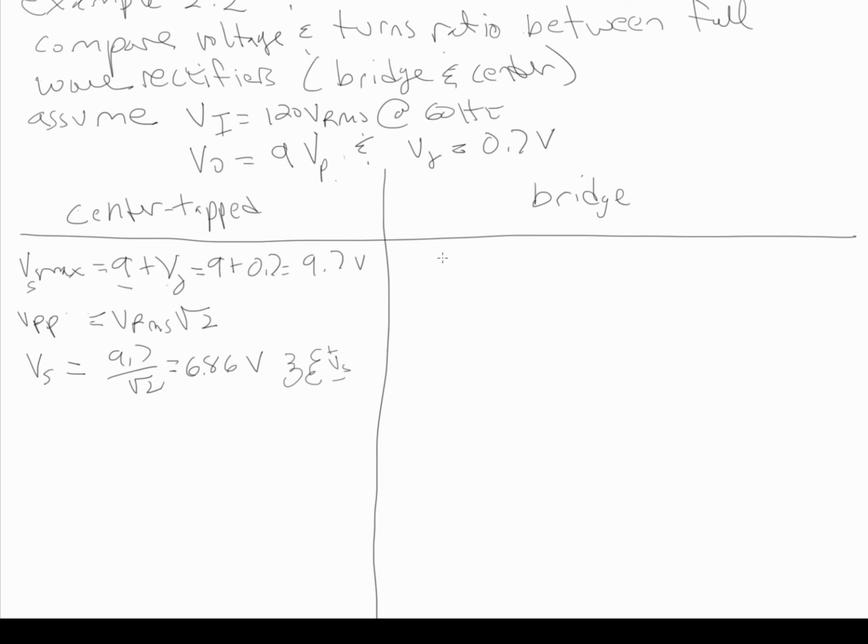And then for the bridge one, we know we had 9, but we have to do 2 V gammas because there are 2 voltage drops. So that's going to be equal to 10.4. And then if we calculate, our Vs is going to equal 10.4 divided by the square root of 2, which is equal to 7.35.